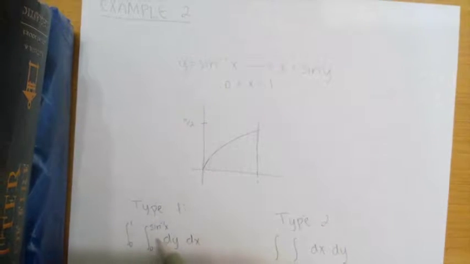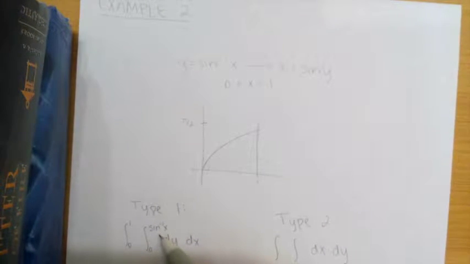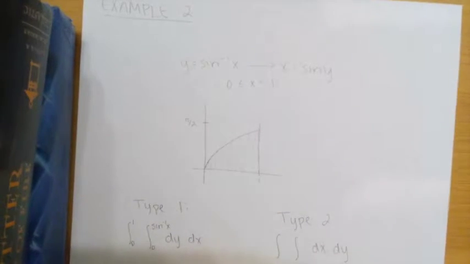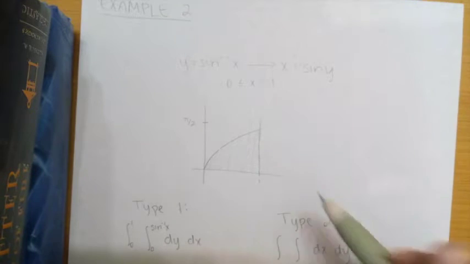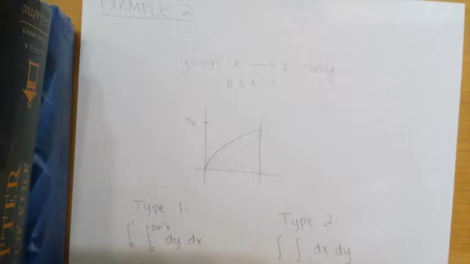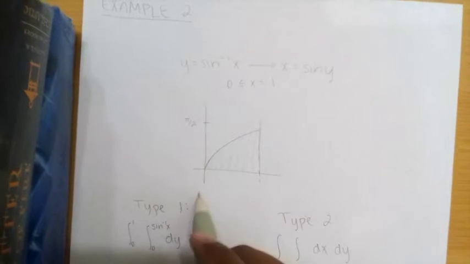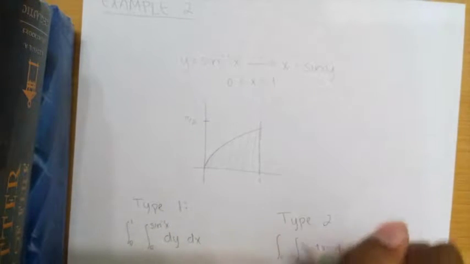And as you know, the inverse sine of x is a little tricky to solve for, so let's just show it in the other way. So for type 2, we would be solving from 0 to pi over 2.